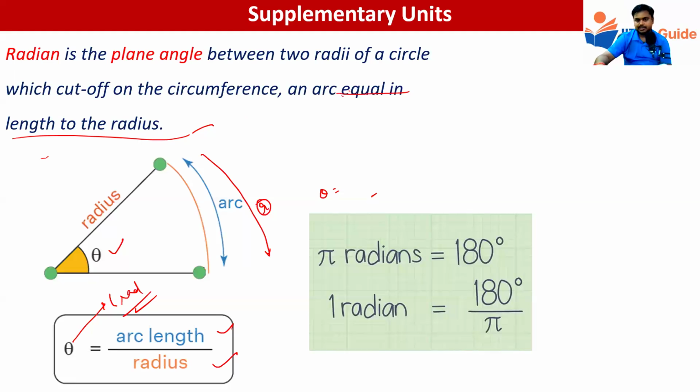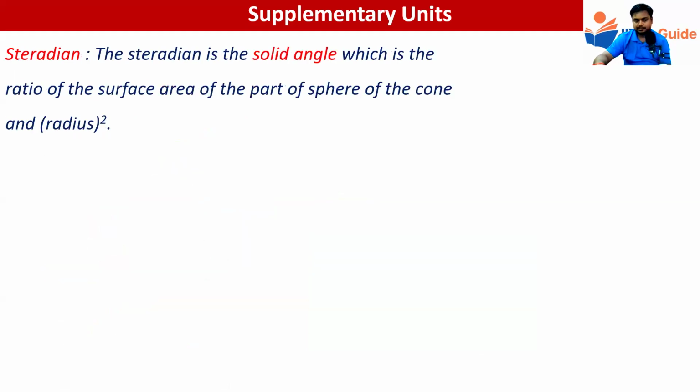Okay, so pi radians is 180 degrees, and 1 radian is equal to 180 by pi. So radian is the ratio of the length of the arc to the radius. Steradian is the ratio of the surface area of the part of a sphere divided by the radius squared.